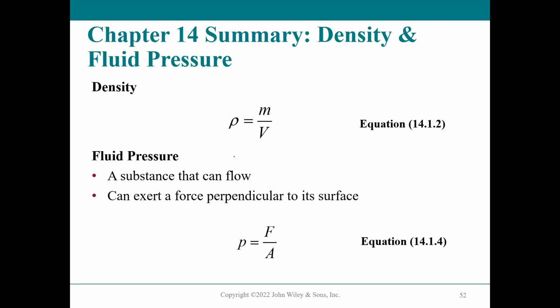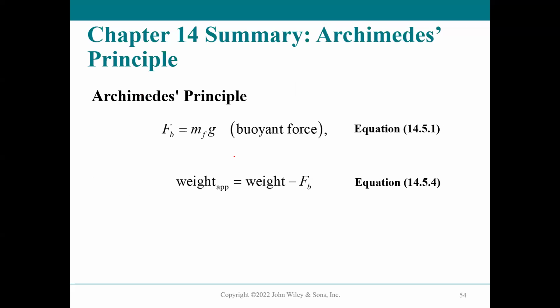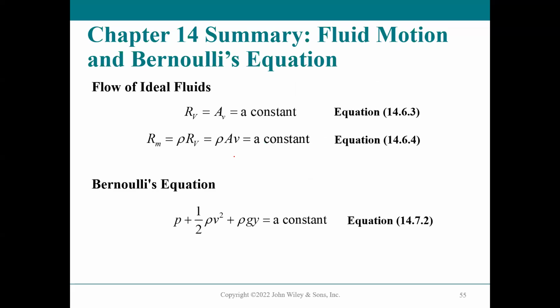So in this chapter, we can take the summary: first, rho is mass divided by volume. Then pressure is force divided by area, and pressure variation with height and depth. Buoyant force, which is the Archimedes principle, and then fluid motion and Bernoulli's equation: the continuity equation and Bernoulli's equation.